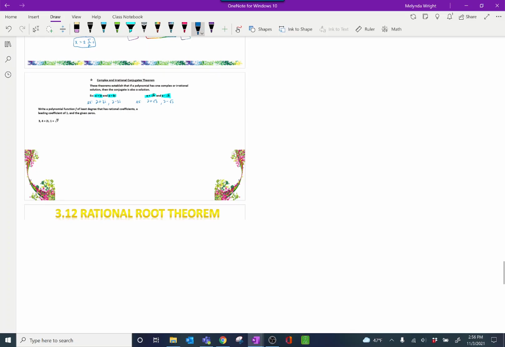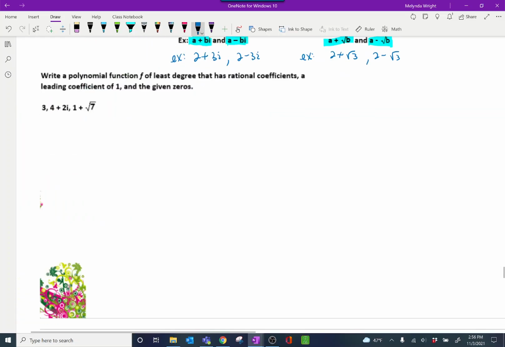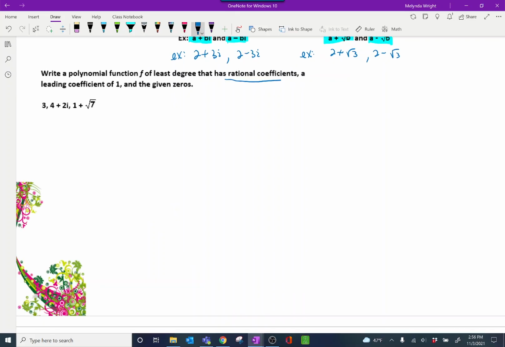You want to write it as the least degree. That's what that word means. Rational coefficients means you can't have like imaginary numbers. That's not okay. Leading coefficient of 1, we've talked about that before, where the leading coefficient is the term with the highest exponent, and that number in front of it should be a 1.